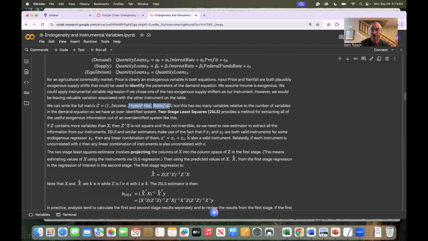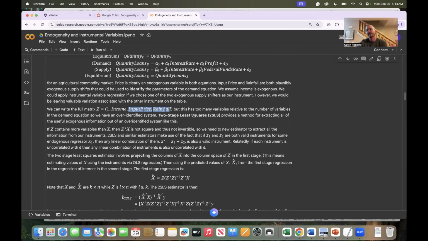Plausibly, it affects it in a way that's unrelated to quantity supplied or quantity demanded. Rainfall, on the other hand, also plausibly influences quantities and prices in ways that are outside the system. So we're shifting around price with rainfall in an exogenous way. That might help us get our hands on the parameters.